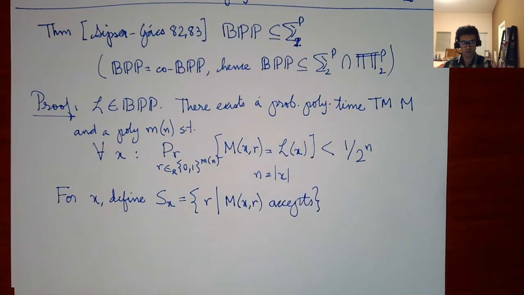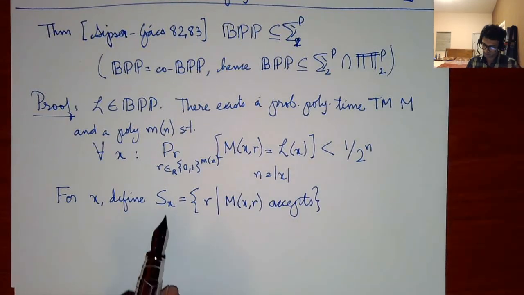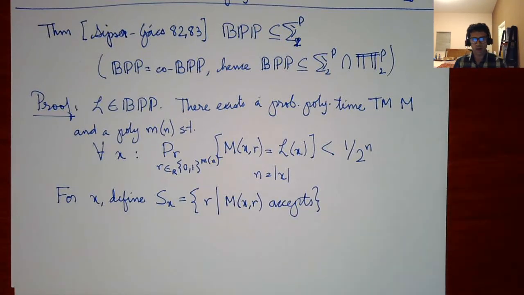Here we'll look at how many of the R's force it to accept. This is like counting the number of certificates, although I don't want to use the word certificate. It's an abuse of notation, because a certificate specifically refers to things that can be verified, and here there's really no sense of verification. So it's another important distinction to be made.